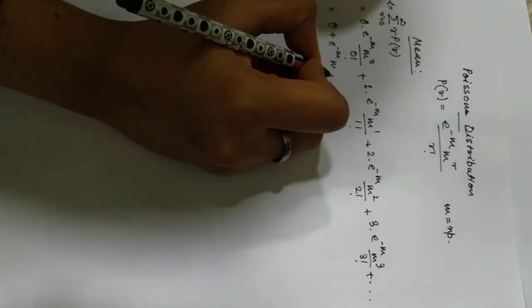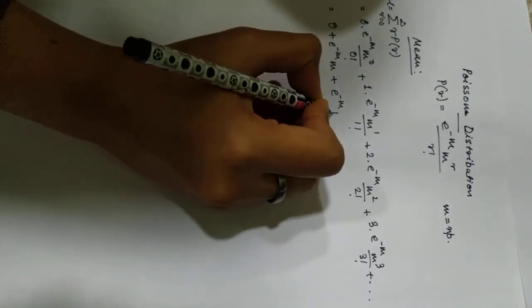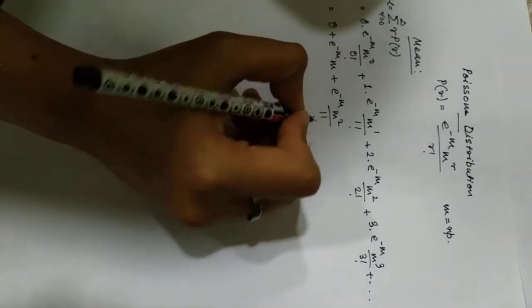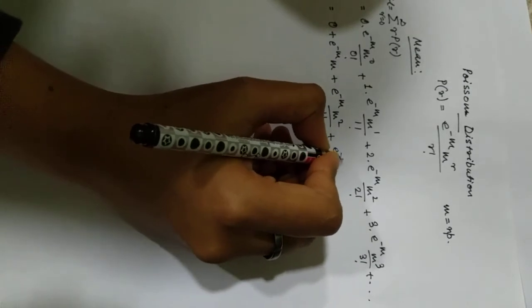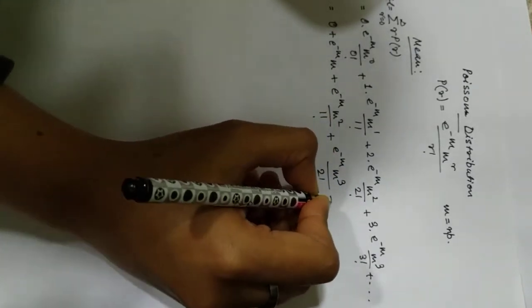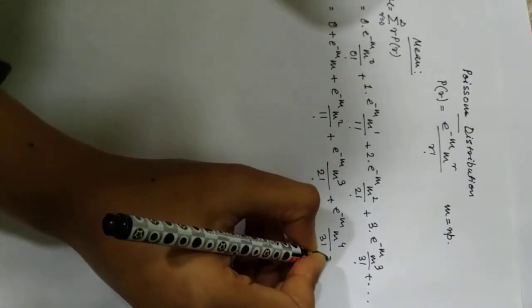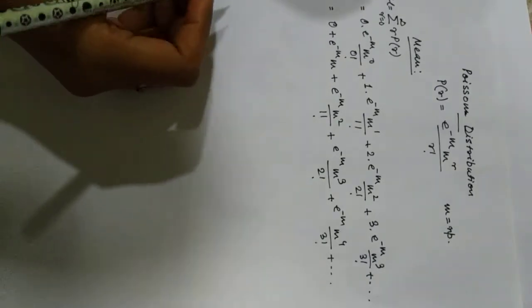So the first term becomes 0, the second term is e^(-m) m, plus the third term becomes e^(-m) m^2 by factorial 1, plus e^(-m) m^3 by factorial 2, plus e^(-m) m^4 by factorial 3, and so on.